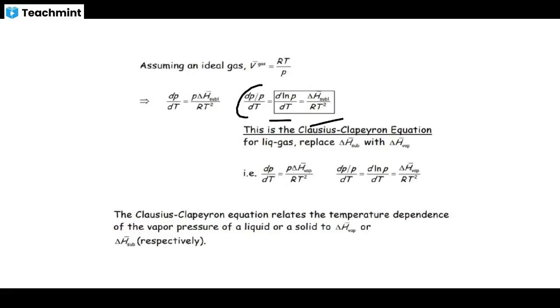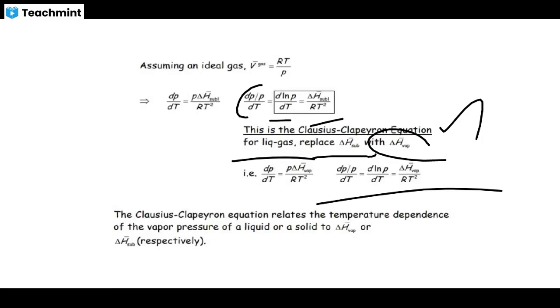This is the Clausius-Clapeyron equation. For liquid-gas, replace ΔH sublimation with ΔH vaporization. So this is the Clausius-Clapeyron equation.